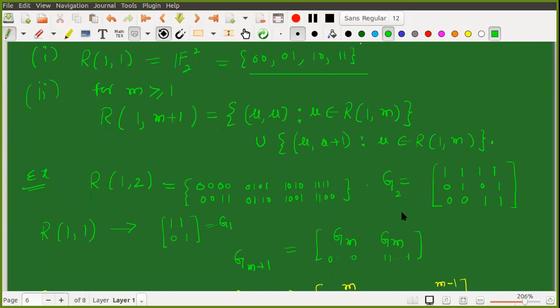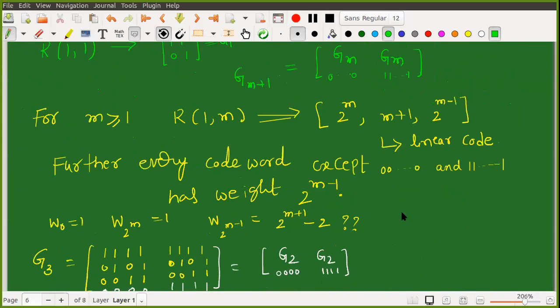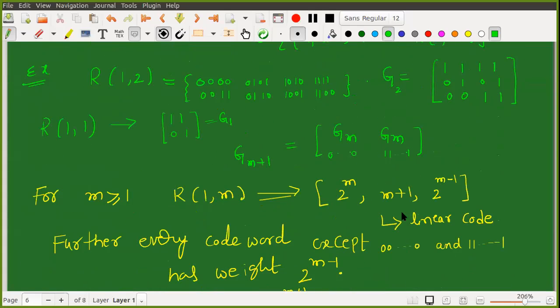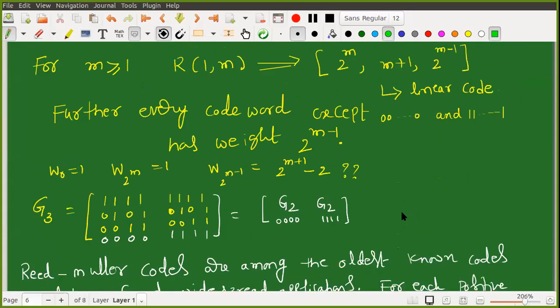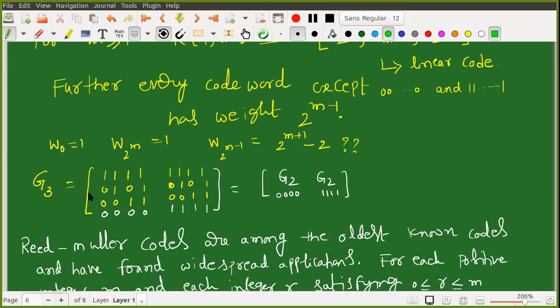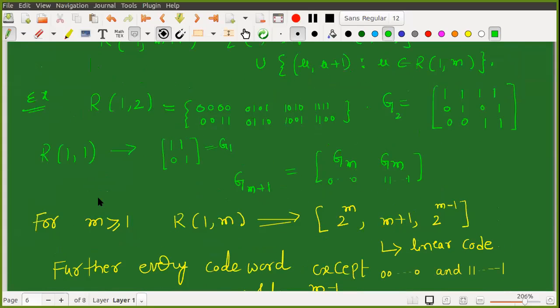For example, the G3 matrix is like this. You see G2 here, right? G2. So check once, 1 1 all ones, 0 1 like that. Then G2, these 4 zeros and 1 1 1 I put here. Okay, that is like that. So what is happening is that R(1,m) becomes a (2 power m, m plus 1, 2 power m minus 1) code.